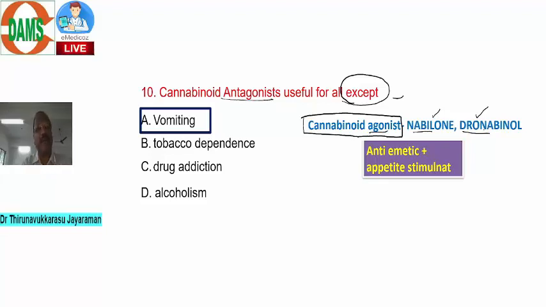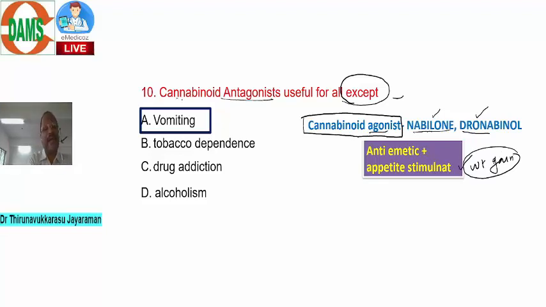Both are cannabinoid agonists useful for treatment of vomiting, especially anti-cancer drug-induced vomiting. Here, one super important point. These drugs are not only antiemetic, they also have appetite stimulating property, thereby causing weight gain also. That's another important point. Okay, that's about cannabinoid agonists.